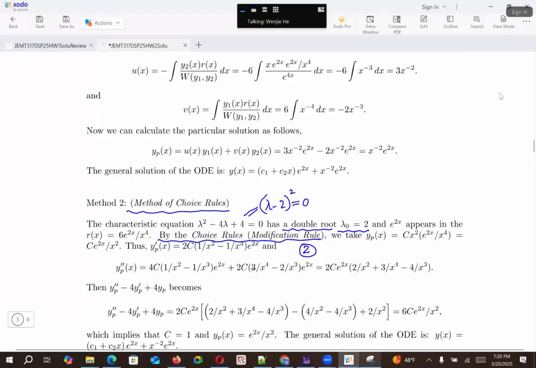So it's a double root, and e to the 2x appears in the R(x) function. So, based on our choice rules, the modification rule specifically, our yp function should be constant c times x squared, because it's a double root, x squared.